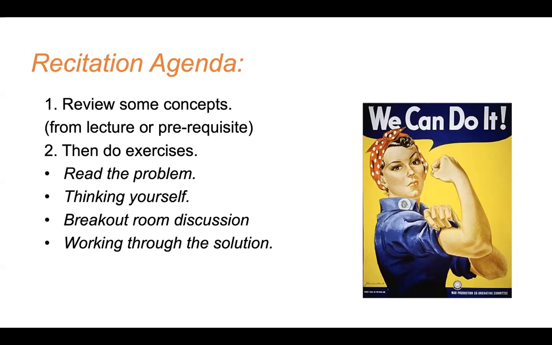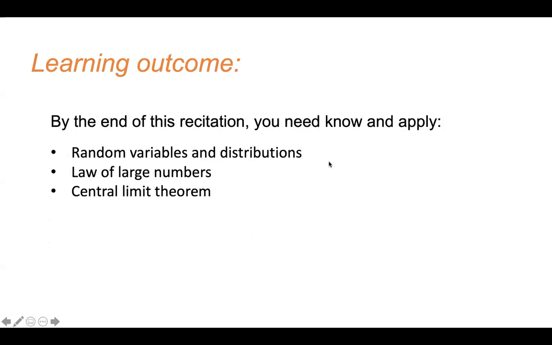Finally, I will lead you through walking through the questions. The learning outcome for today's session is that by the end of this recitation, you need to know the definition of random variables and distributions. You should know these from your probability courses, but today we will review these definitions as well. You should also know and apply the law of large numbers and the central limit theorem.